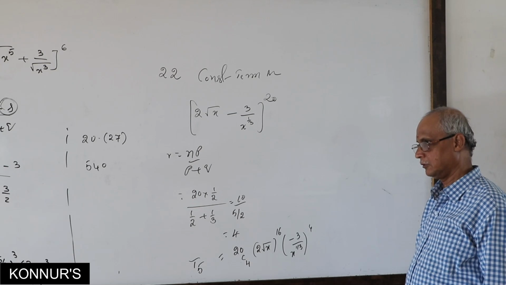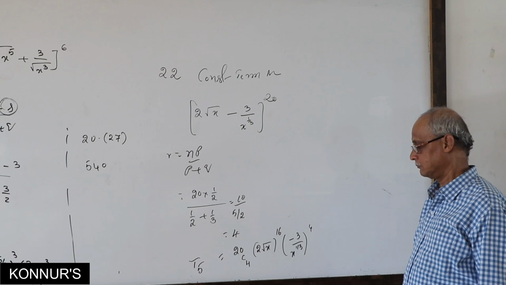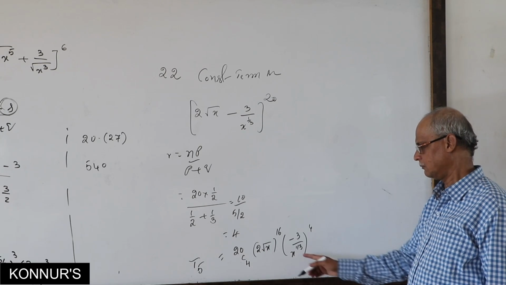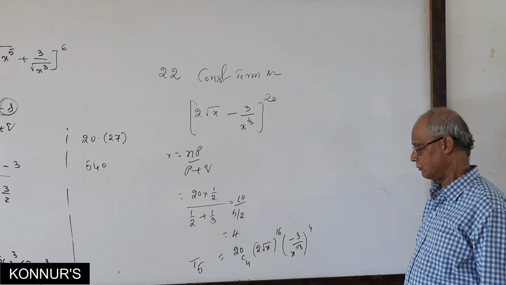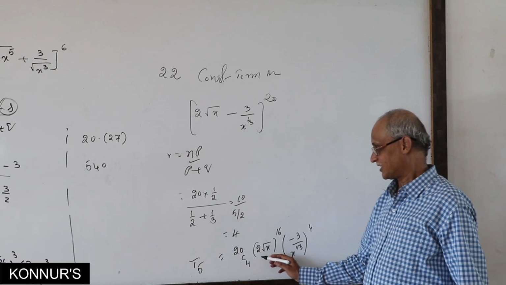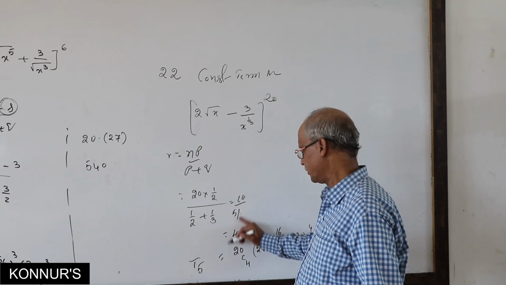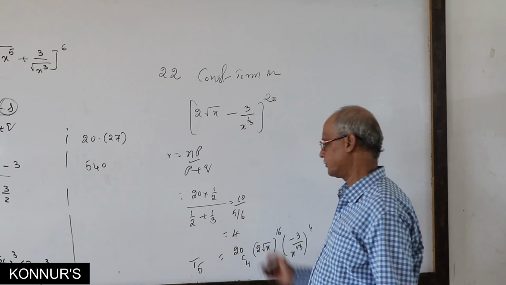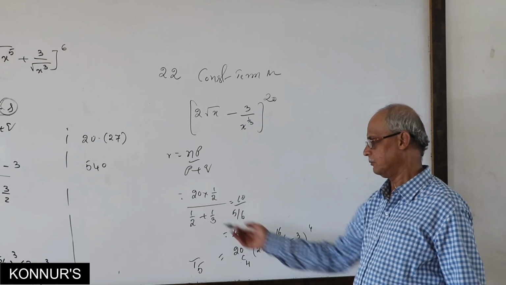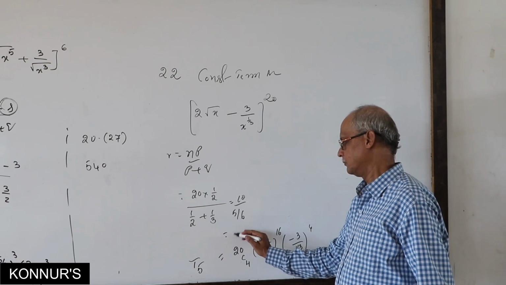Five by 2, 24, 20C4. Is it that we cannot do this? So that's 5 by 6. 2 root x. Here, 5 by 6, 5 by 6. Okay, because LCM is 6, 5 by 6, 12.